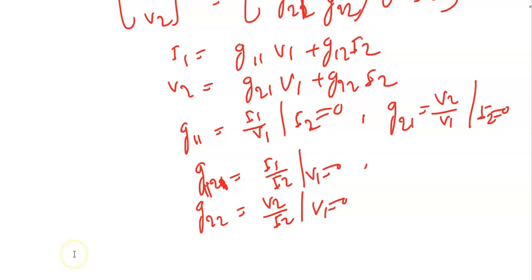In the next class we will discuss the interrelationship between the different network parameters, the symmetrical properties and how the H parameters are related, and the reciprocal property.